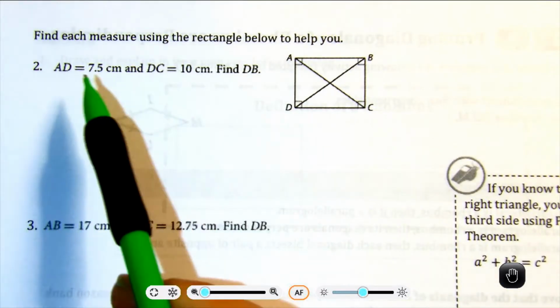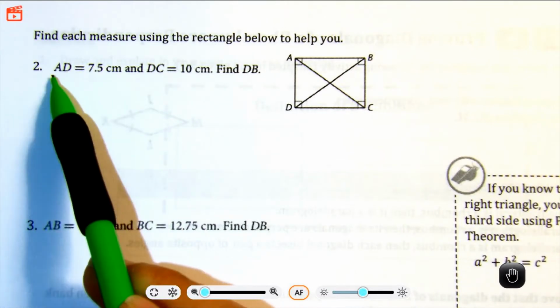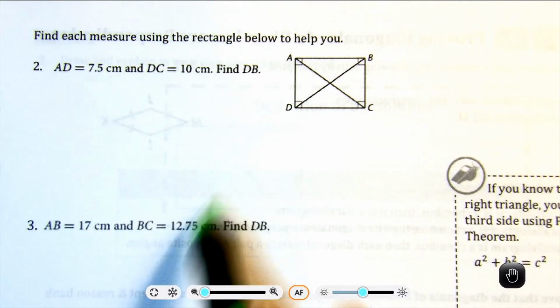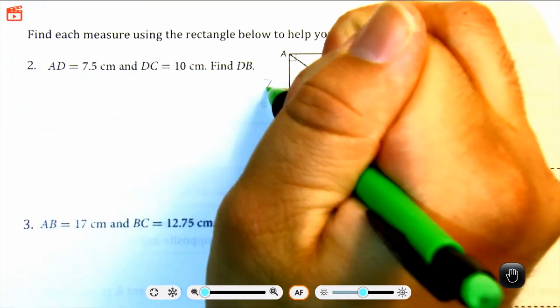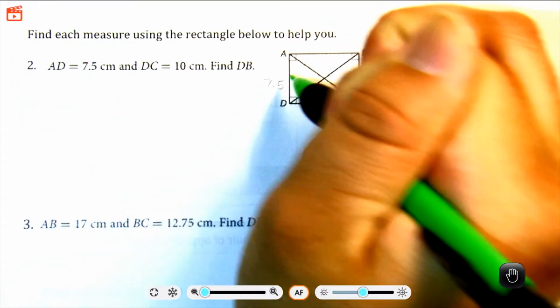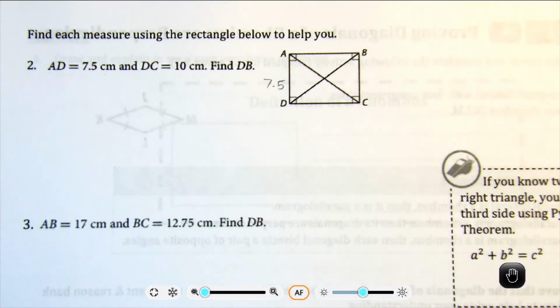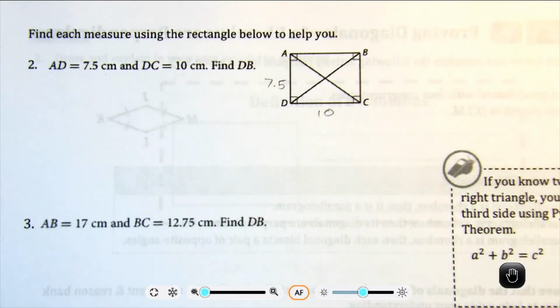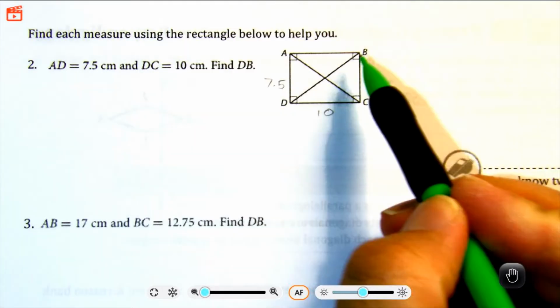The first thing that we know is that AD is equal to 7.5 centimeters. So this is 7.5. DC is 10 centimeters, so this is 10 centimeters. And they want us to find out what DB is. They want us to find out this length.